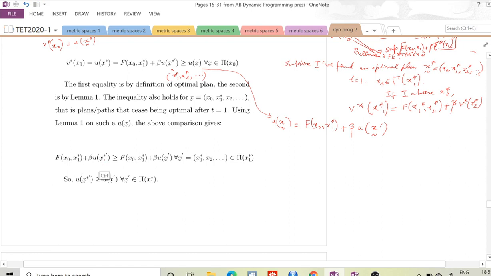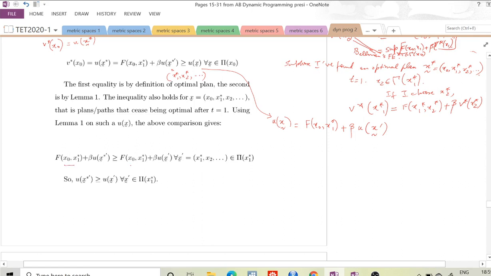But consider this inequality. The first term is exactly the same. So if I stay all the way on the x star tilde path, I have this. If I stay on the x star tilde path only for one period, I have this. Right?